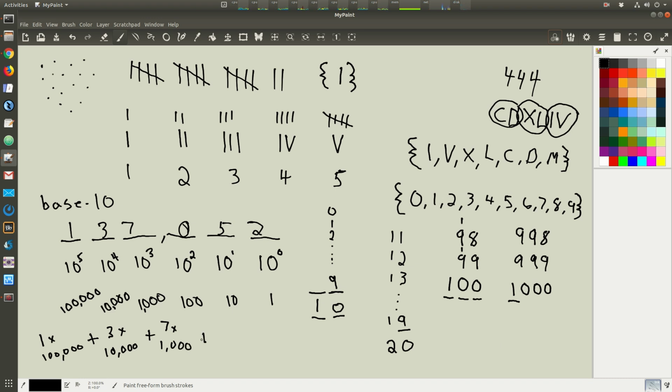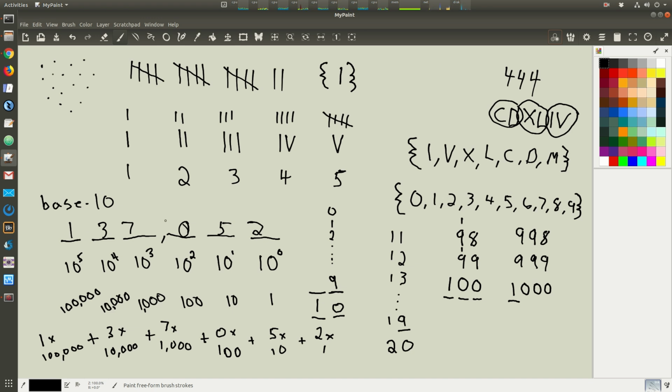Then we're going to add 0 times 100. We have a 0 in the 100 place. Plus 5 times 10 plus 2 times the ones place. And when you add all these up, you get this number.